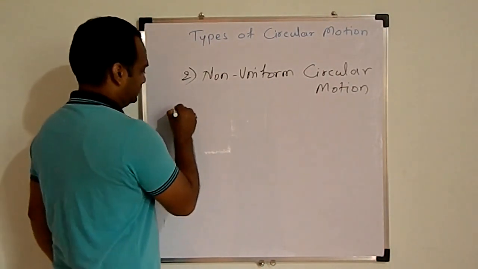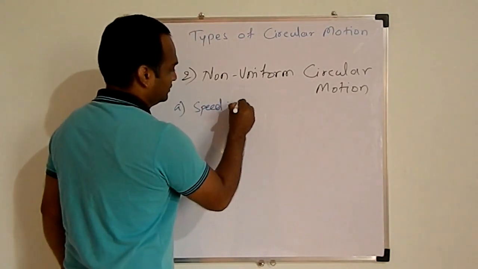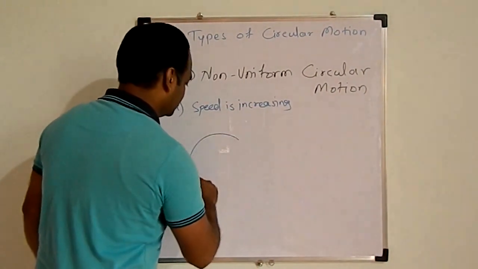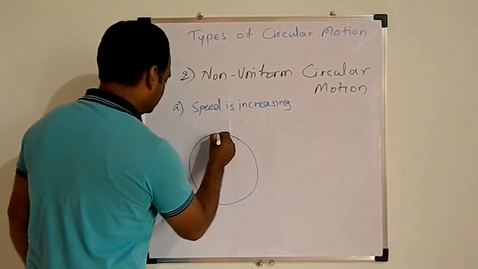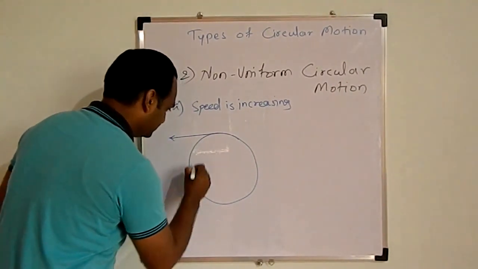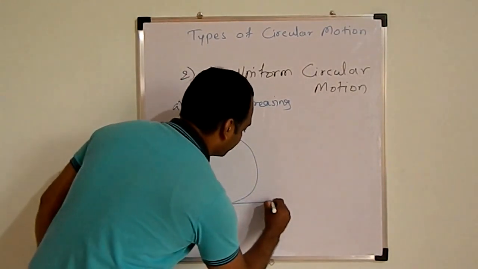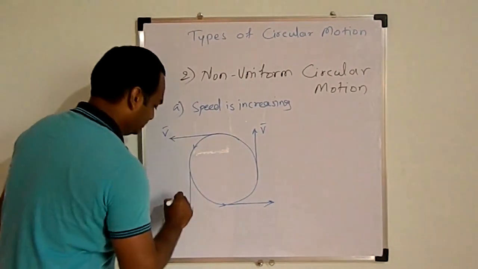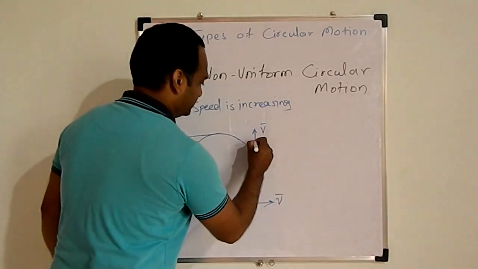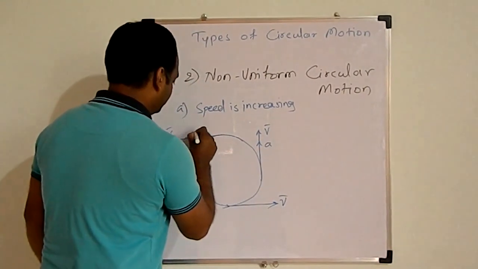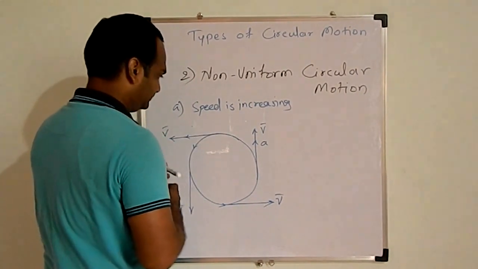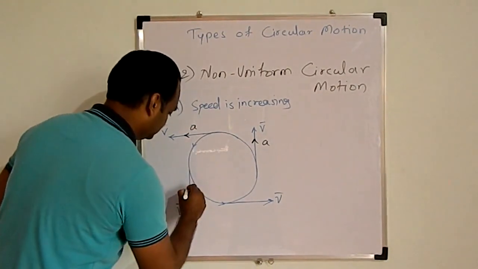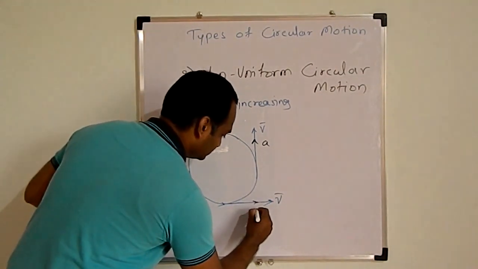One, when speed is increasing: during increasing speed, the acceleration is in the direction of velocity, along the velocity.